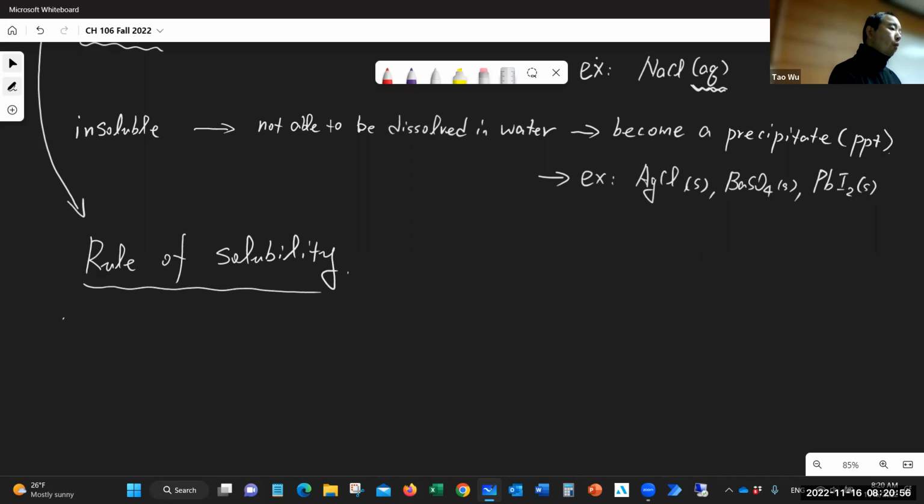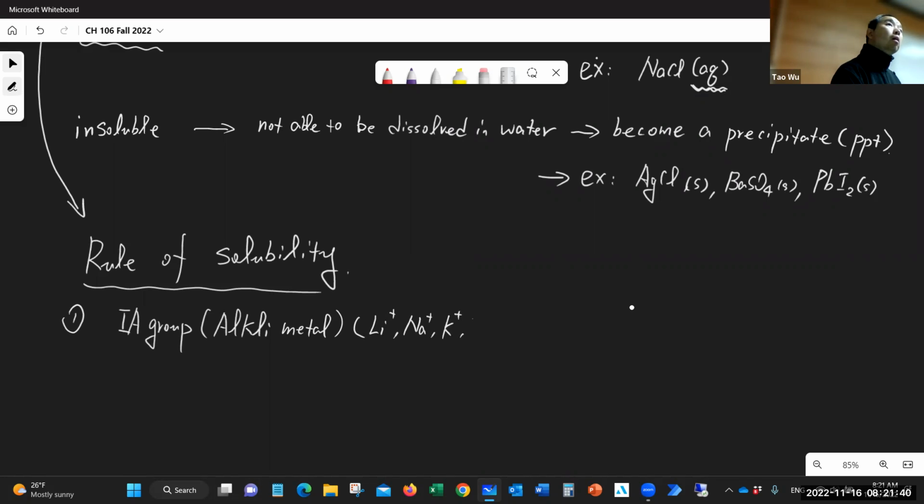Okay, so rule number one is, if you see the 1A group metal, which is the alkali metal, so if you see a compound containing the alkali metal, which is lithium ions, sodium ions, potassium, rubidium, cesium.